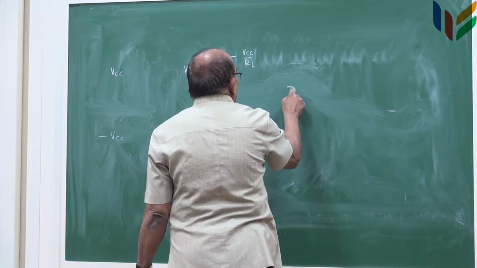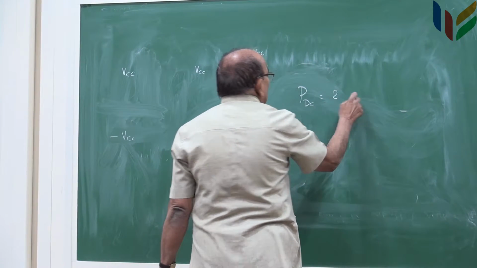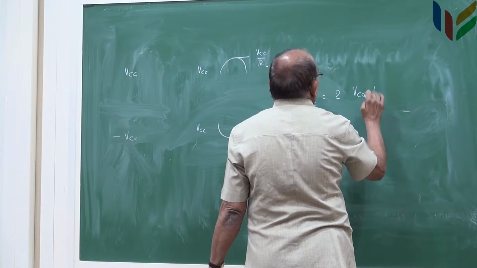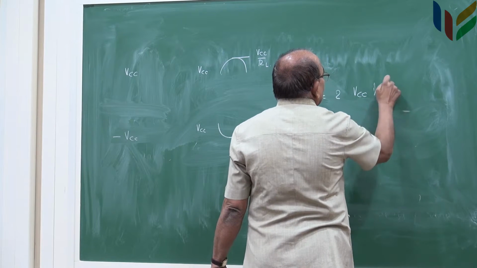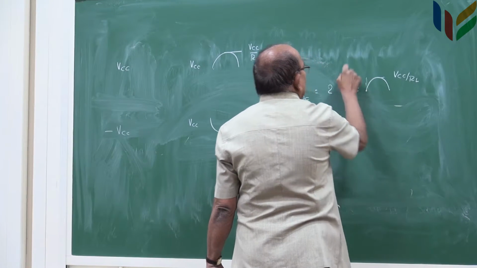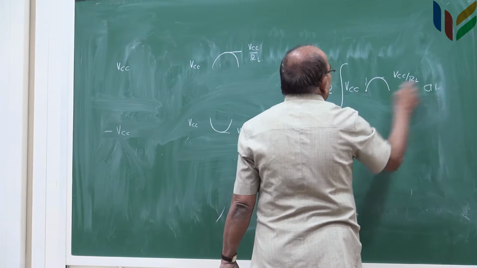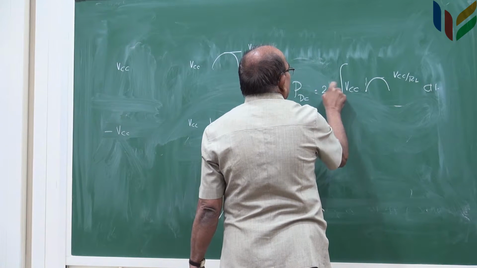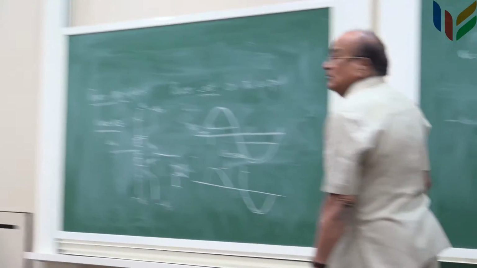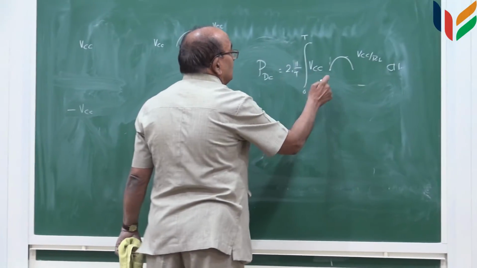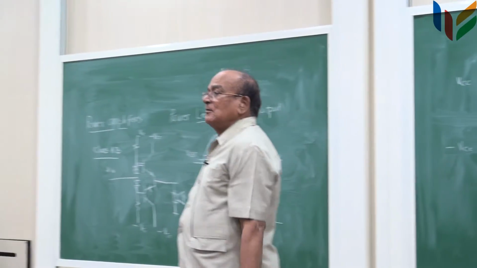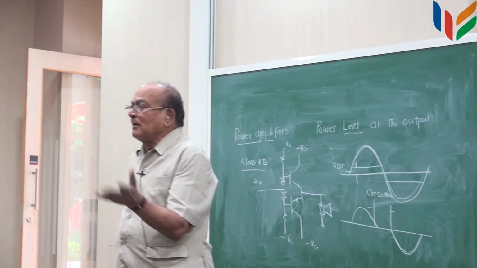So, PDC is equal to 2 times VCC, which is a constant, into the current, which is a half sine wave, integrated over dt, 1 by T. How do I find the average power?